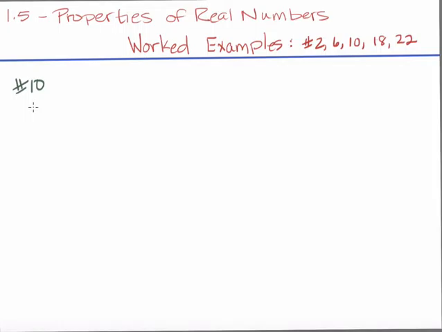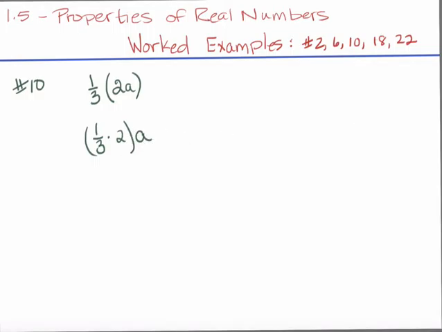Question number 10 comes from that block as well, but this one has a fraction in it. The question is 1/3 times 2a. I can't multiply 2 by a because I don't know what a is, but I can reassociate my numbers and then multiply the result by a.